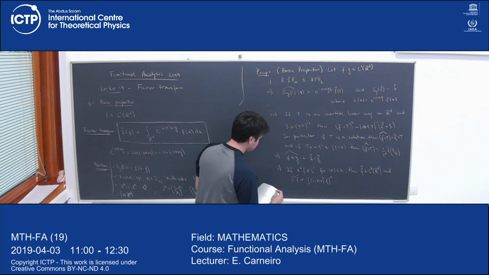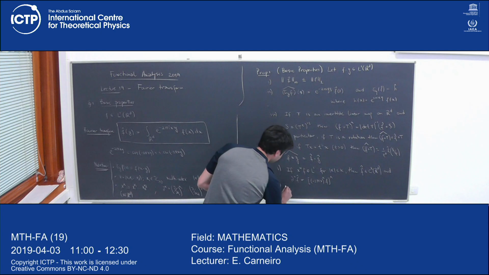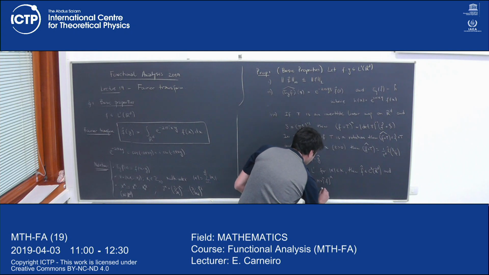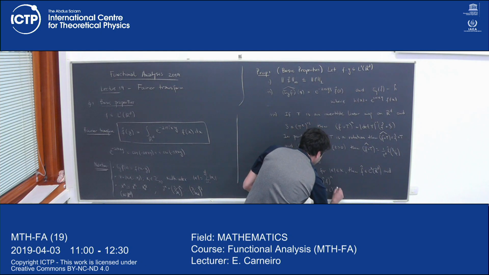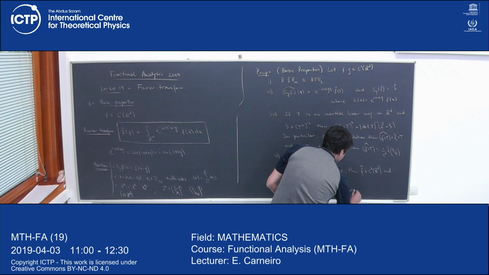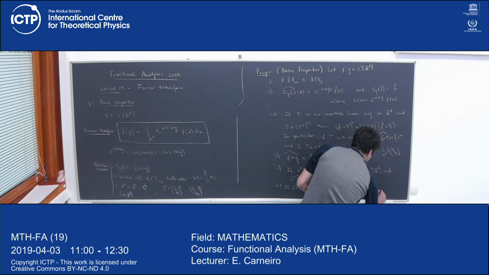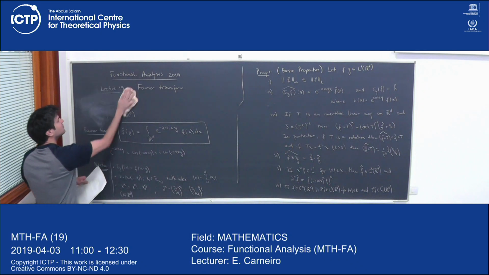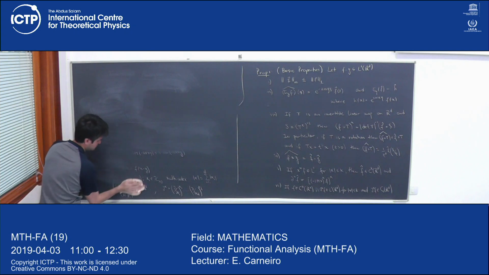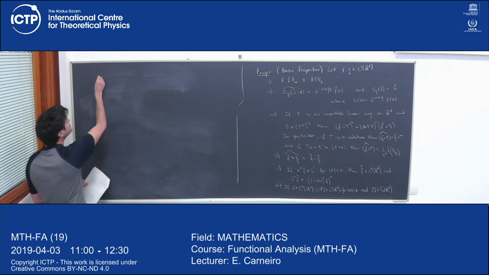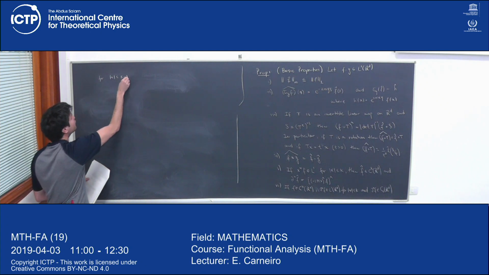What else? Final property. Let's see if I can squeeze it here. If f is a function which is C^k of R^D, and d alpha of f belongs to L1 of R^D for alpha less than or equal to k, and d alpha of f belongs to C0 of R^D, and I have to go to this side, otherwise you won't see, this is for alpha less than or equal to k minus 1.